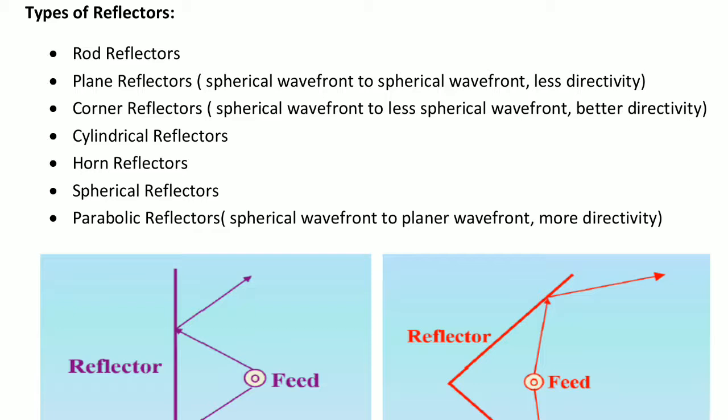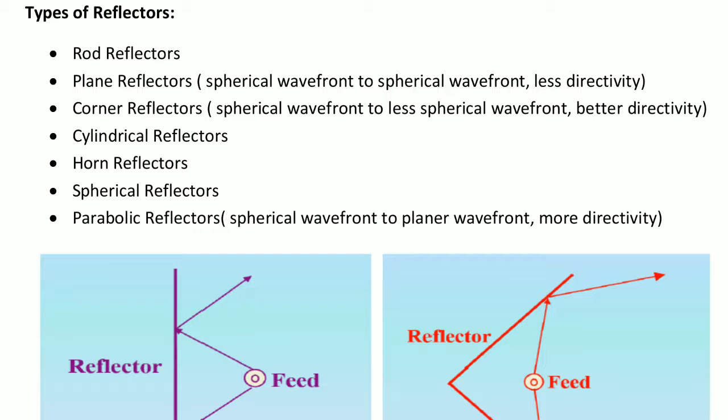A horn antenna is a radiating element in the shape of a horn. The horn reflector is either pyramidal or conical. As we have seen many types of horn structures, I have made many videos on the horn antenna.